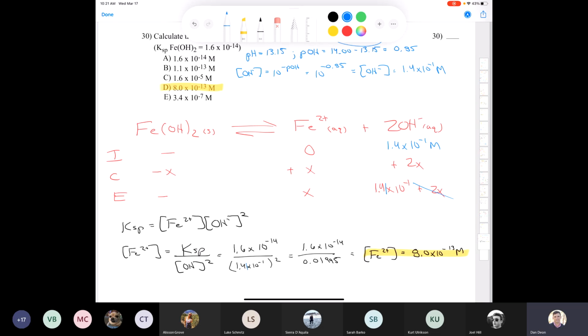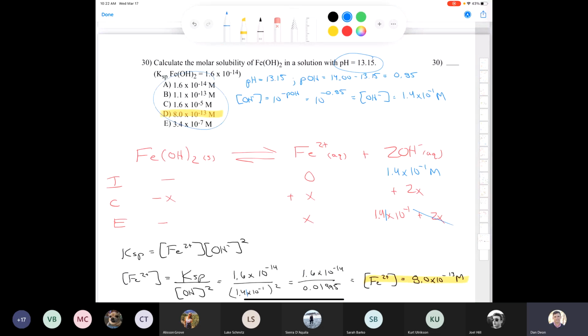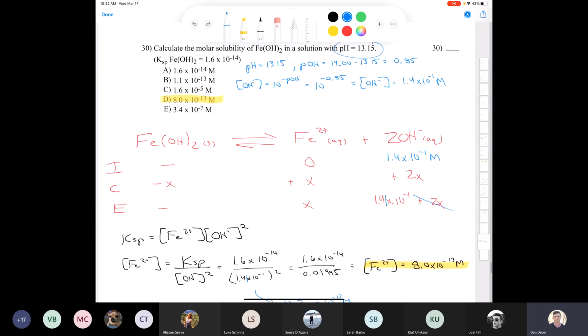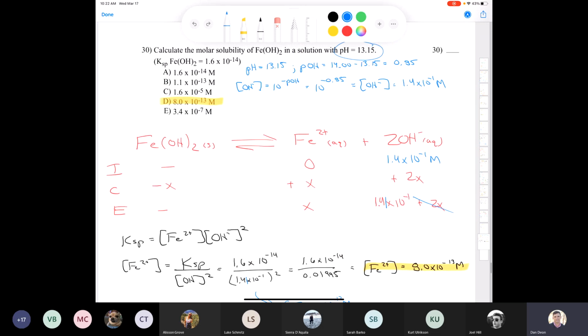If you plug 1.41 in here, you end up with not 8.0 times 10 to the negative 13, but 8.2 times 10 to the negative 13 molar. But again, I don't give you any answer where I'm splitting hairs like that, so it would be abundantly clear that you have the right answer. My purpose is not to try to trip you up. It's just to make sure that you're able to solve the problem. Even if you rounded it a little bit differently, you're still going to get the right answer.